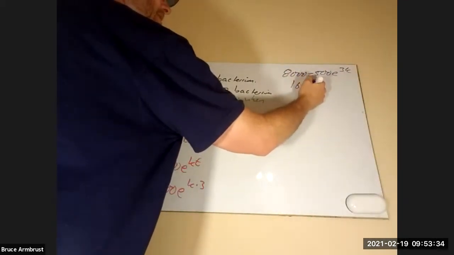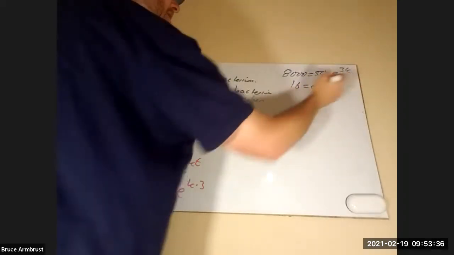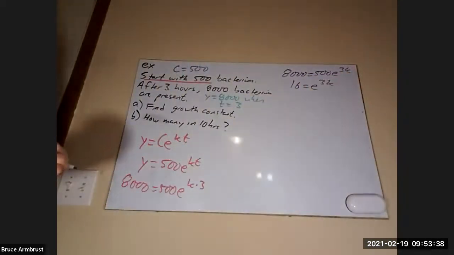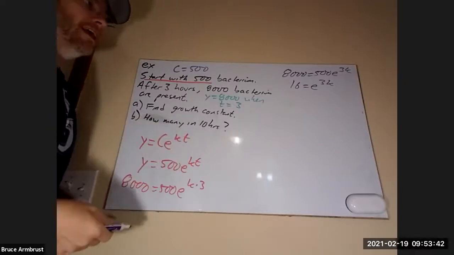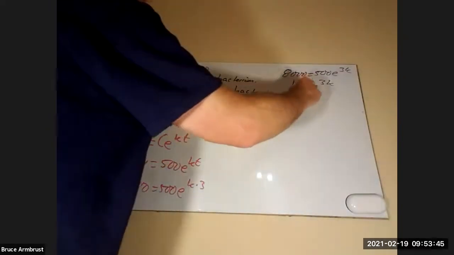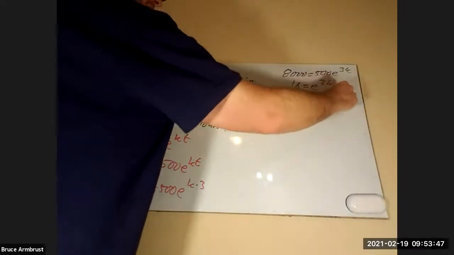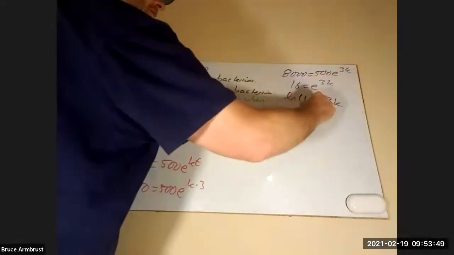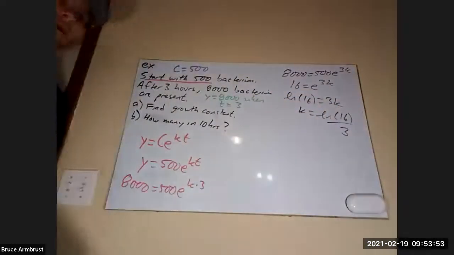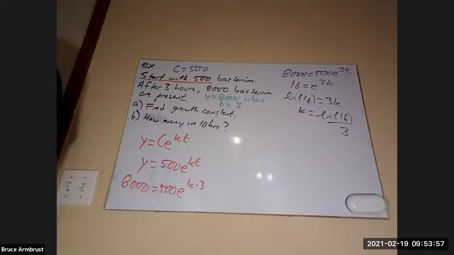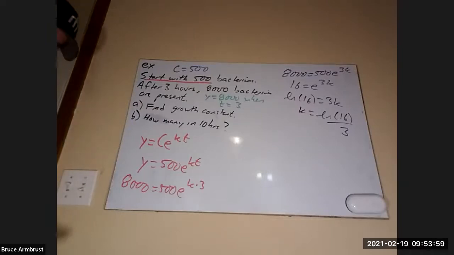So we're going to get 16 is equal to e to the 3k. And to solve for that k, we're going to take a natural log. So we'll get the natural log of 16 equals 3k, or k is the natural log of 16 divided by 3.